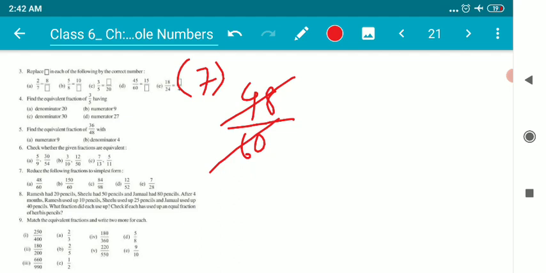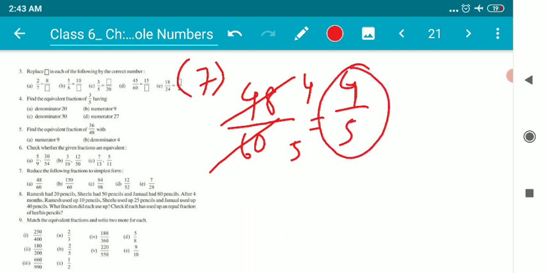I prefer to reduce them by 12. 4 12s are 48, 5 12s are 60. So finally I have got 4 by 5. 4 by 5 is the simplest form of 48 by 60, and it cannot be reduced further.